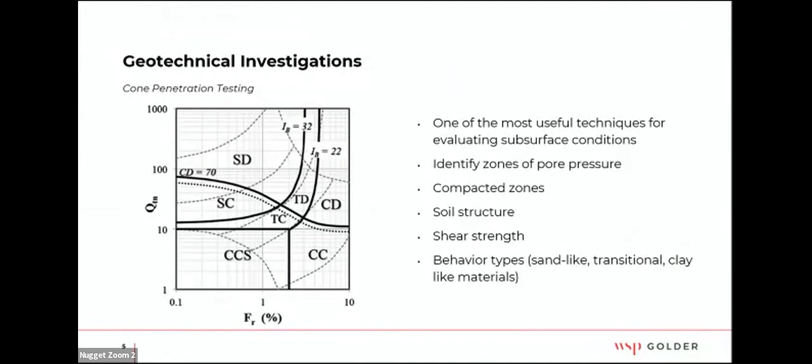You can see tip resistance changes to see where you might have zones of high compaction. For agglomerated materials, you can see if soil structure is holding up over time. It also gives shear strength and behavior types. Is your material behaving like a sand or a clay-like material? Hopefully we run everything as sand-like, but that's not necessarily how it wants to behave going forward.